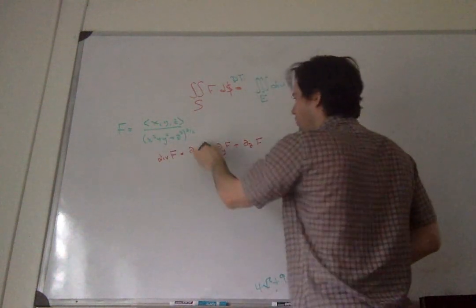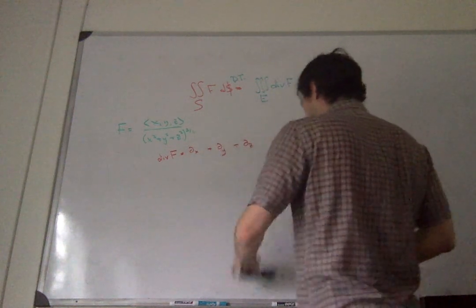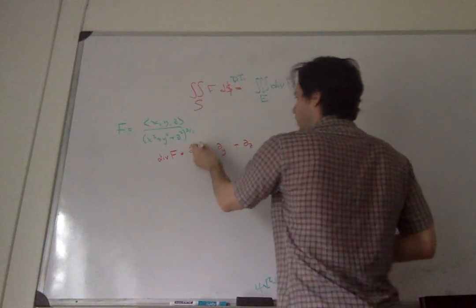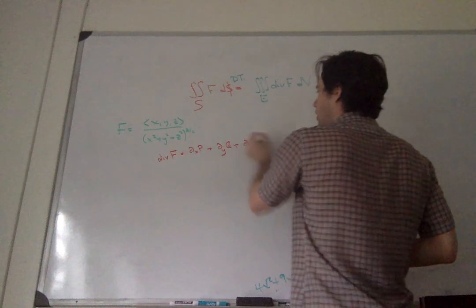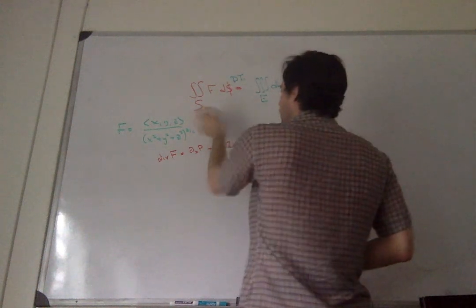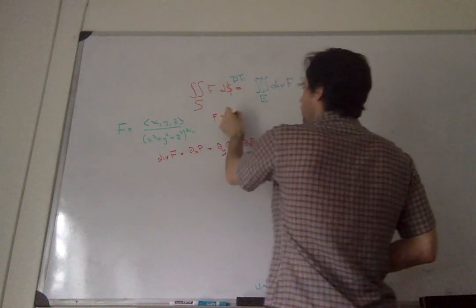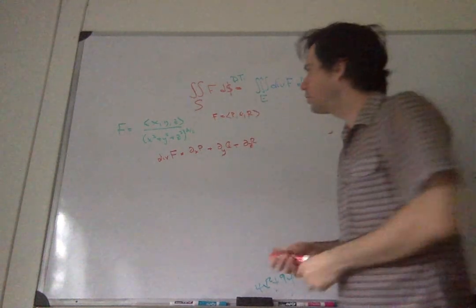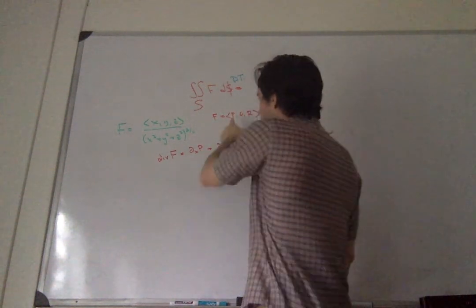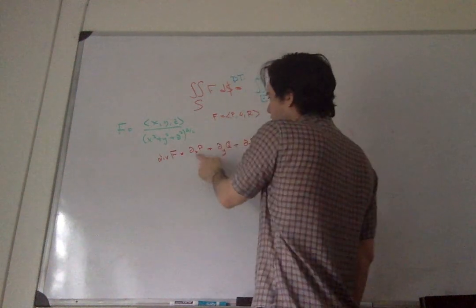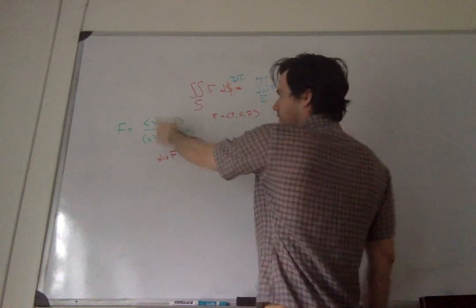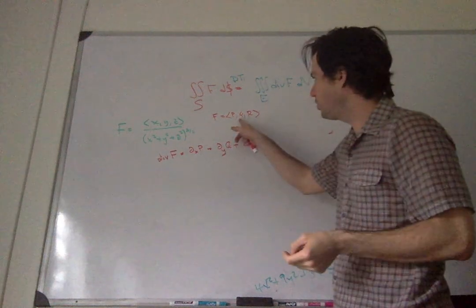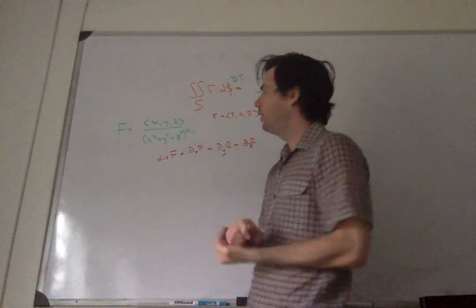sorry, this is not correct. This should be P, Q, and R, right? Where F is equal to P, Q, and R. When I look at P, and I take it with respect to x, there's an x there. When I look at Q, and I take it with respect to y, there's a y there.